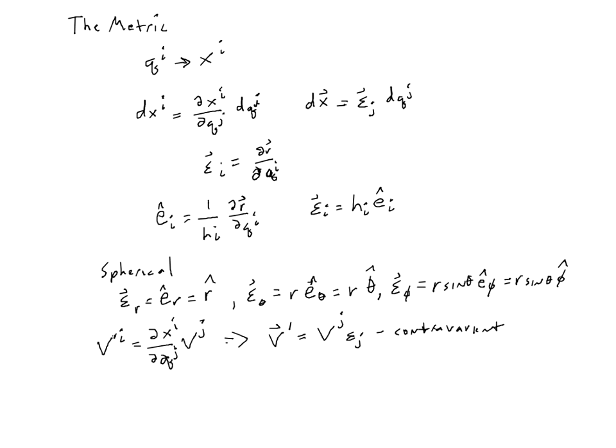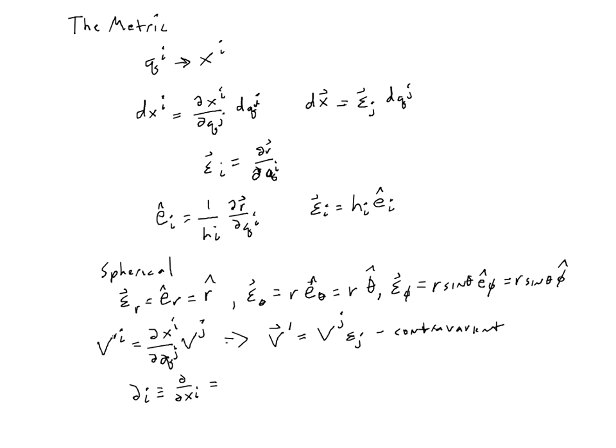Since we're going to get into a lot of derivatives here, I'm going to use some shorthand. One of them is, if I write partial i like this, this implies that I'm taking a derivative with respect to xi.